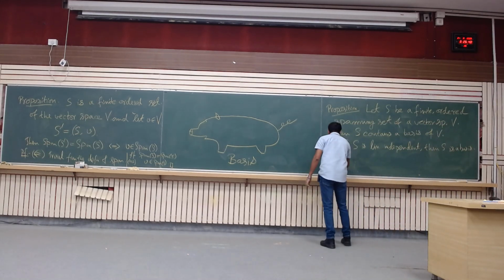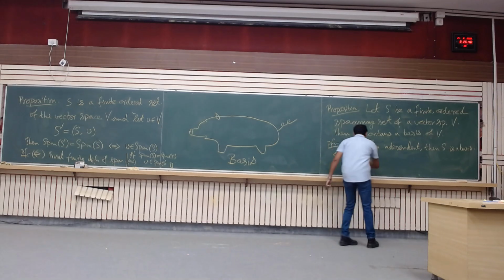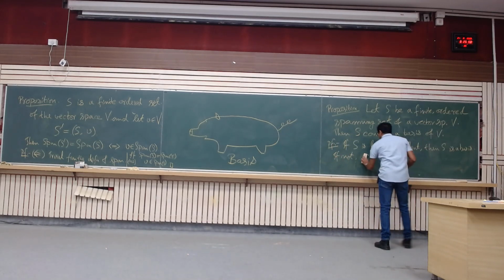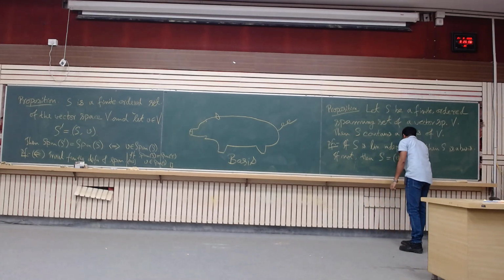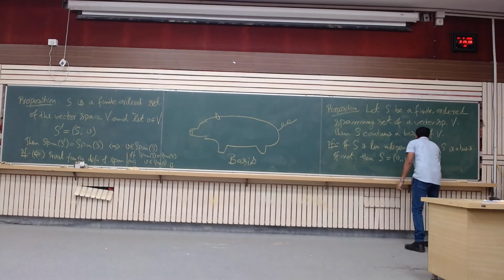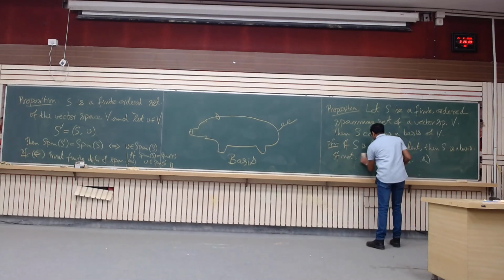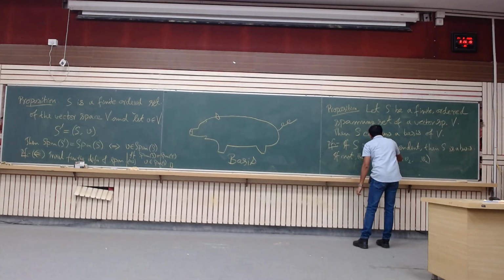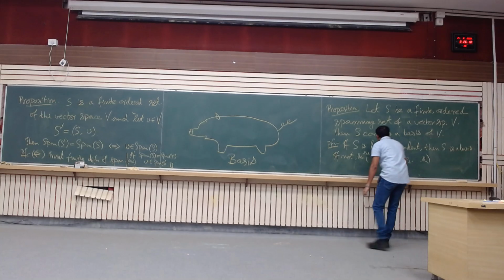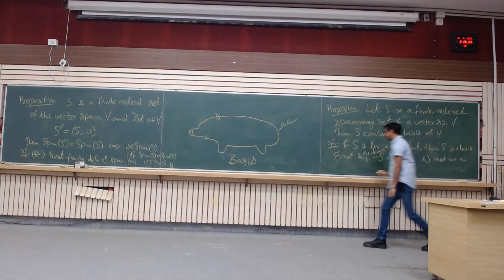If not, then S, which we assume to be this set V1, V2, dot dot dot, say Vn, must have a non-trivial linear relation.